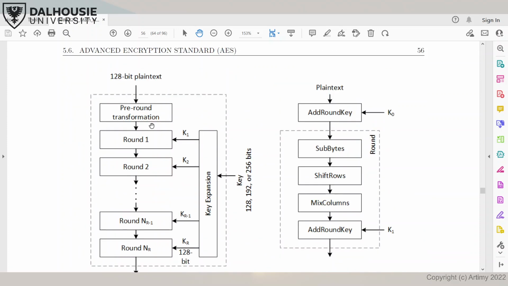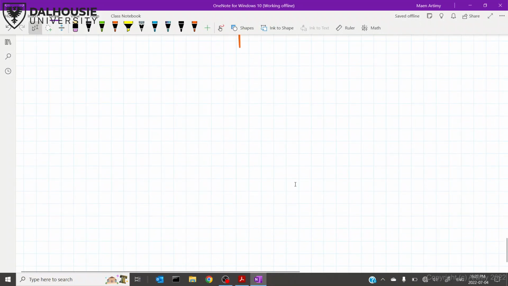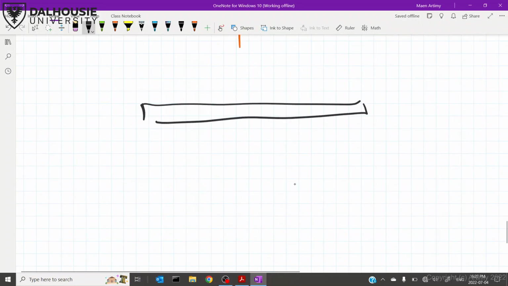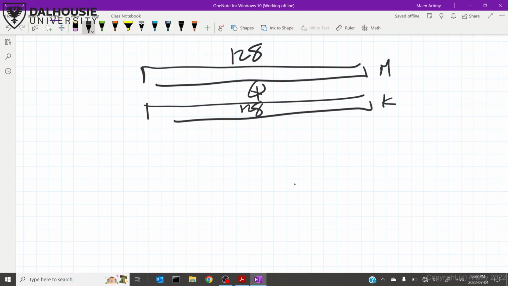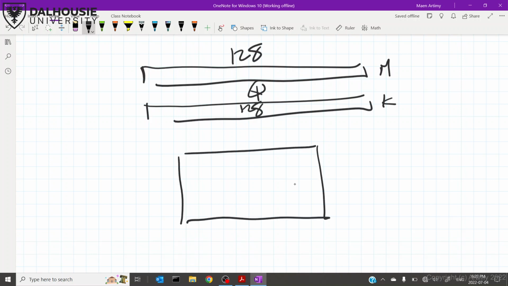We have K0, which is not shown here, the original key, a 128-bit key, and the 128-bit message, and we XOR them together. The result of the XOR is arranged into a 4 by 4 byte matrix.